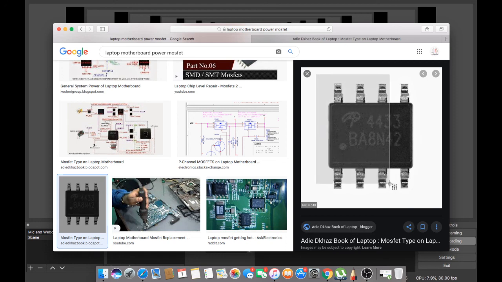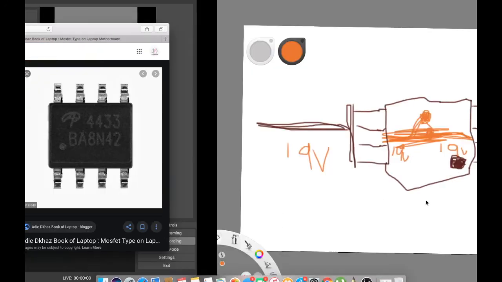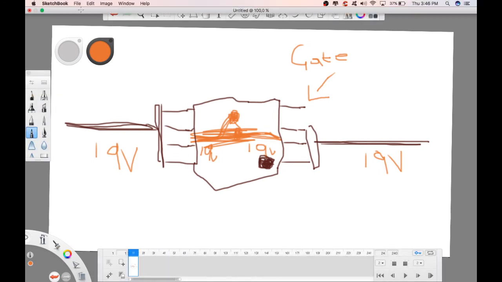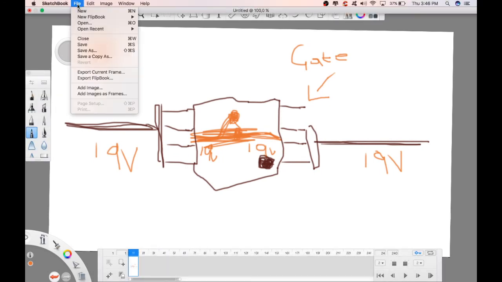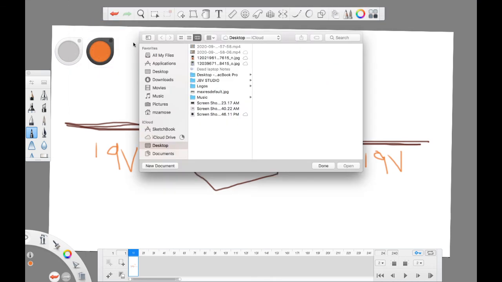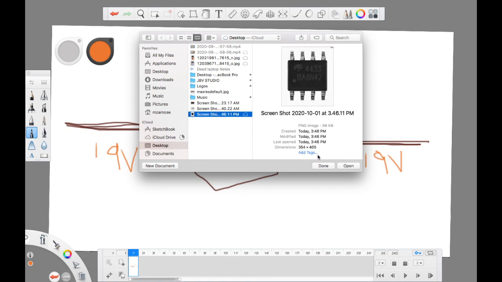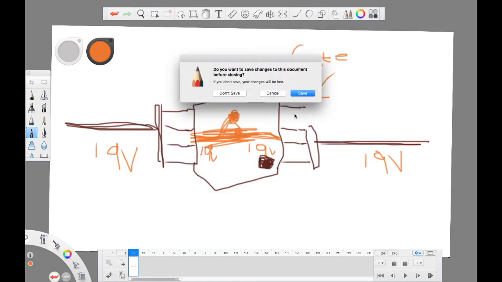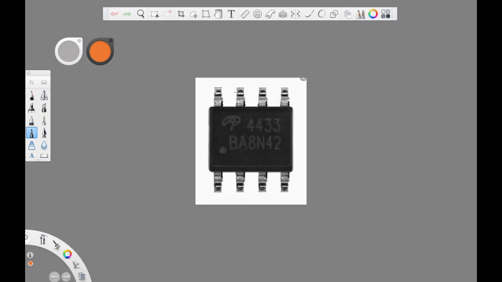Let me take the picture of the whole thing. Let me go to file, open. Maybe you will understand it better when it's here. Open, don't save.